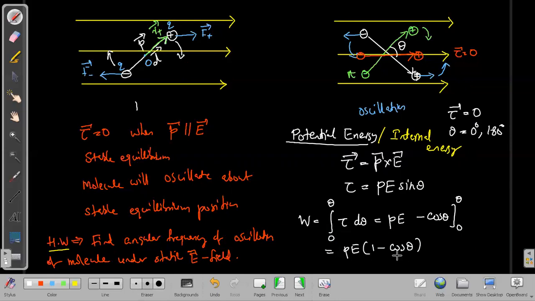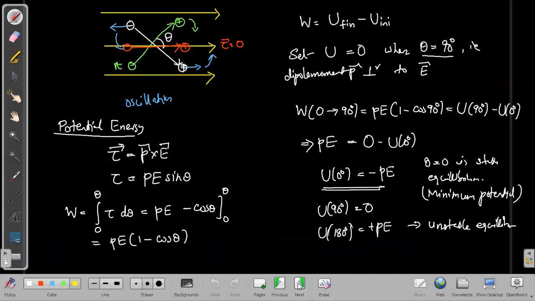Now we have to connect this expression with internal energy. For that we use the work energy theorem. According to the work energy theorem, the work done equals the change in internal energy if there is no kinetic energy at the initial and final points. So U final minus U initial gives the work done, and we set the potential energy to zero at theta equal to 90 degrees.